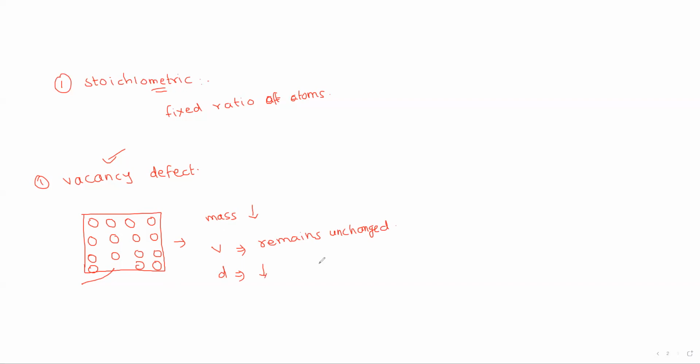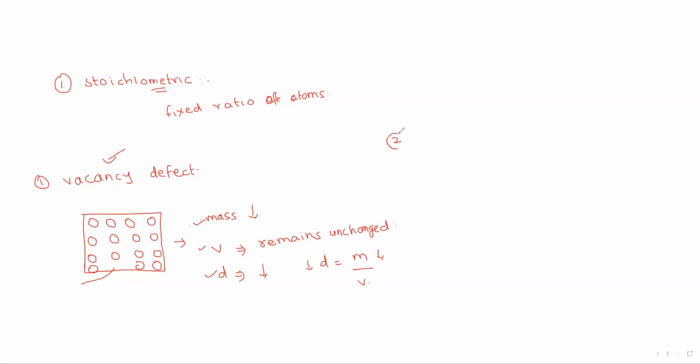Density also decreases, because we know the formula for density: mass upon volume. If mass decreases, density will also decrease. So in this vacancy defect, due to a particle missing from its regular site in the crystal, mass will decrease, volume will remain unchanged, and density will also decrease. So these are important points regarding every defect. In every defect we will see these points: mass, volume, density, etc.